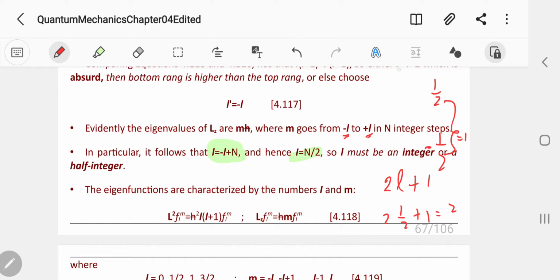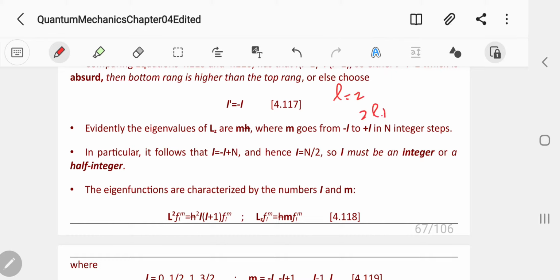But if you have L equals 2, the number of states would be 2L plus 1. So this is 2 times 2 plus 1. This is equal to 5. So you have 2, 1, 0, negative 1, negative 2. 1, 2, 3, 4, 5 states.